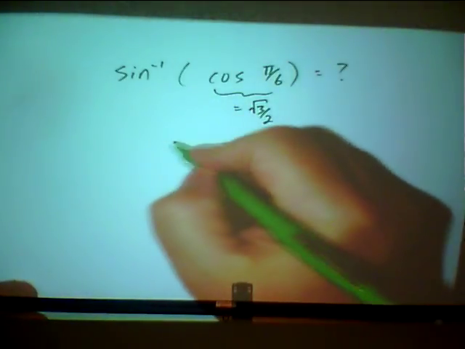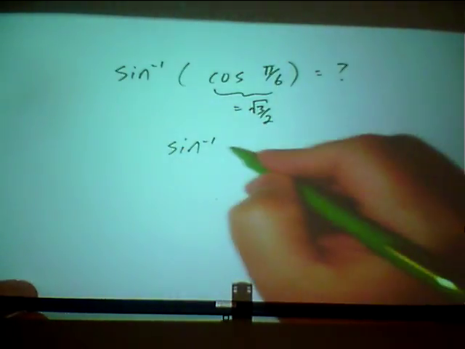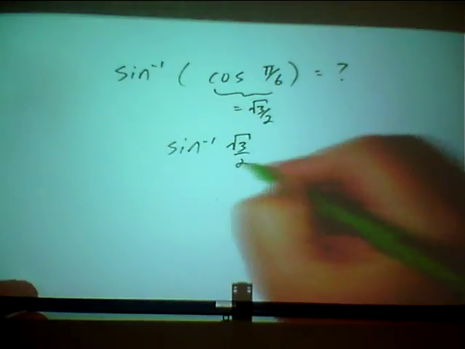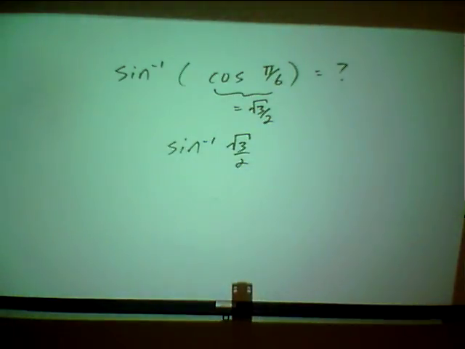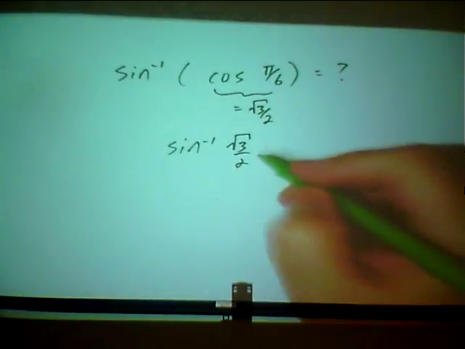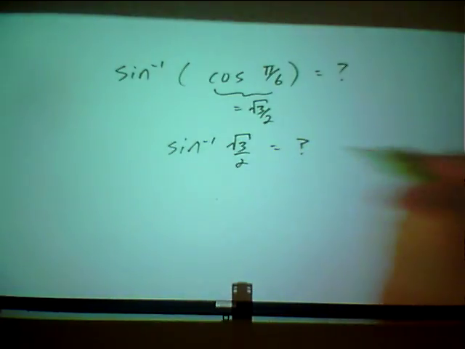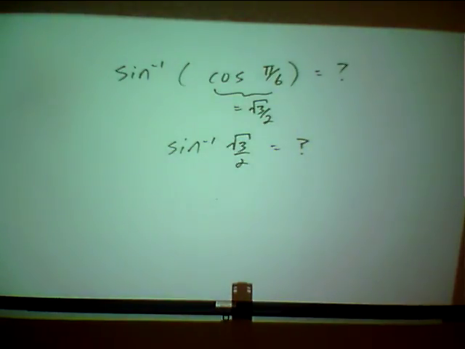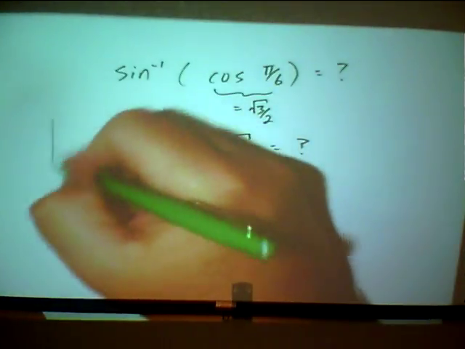So now this, in a sense, becomes a problem of what's the inverse sine of square root of 3 over 2. So now we go back to our unit circle and find an angle where the sine is square root of 3 over 2.